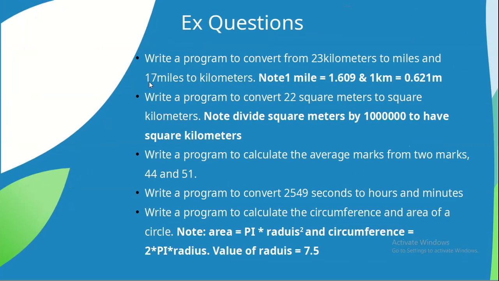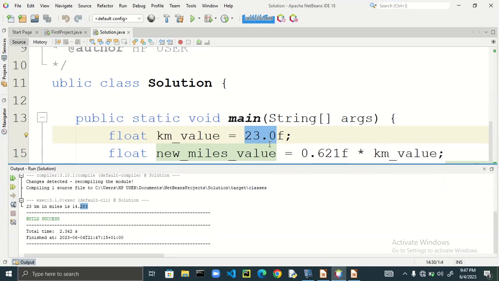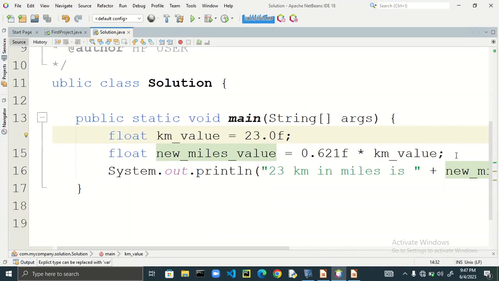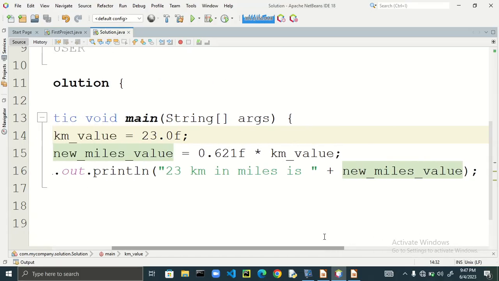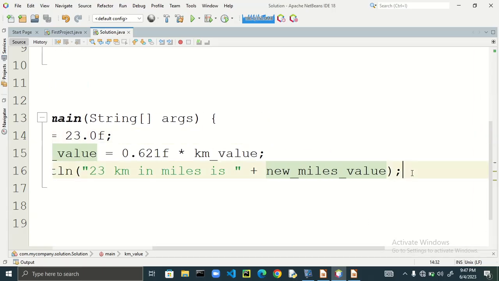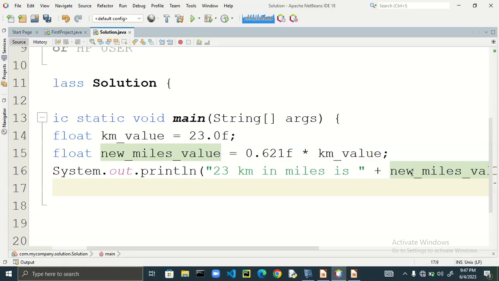It also says we should convert 17 miles to kilometers, and it says that 1 mile is equal to 1.609. So let's go ahead and do that for the value of miles. It seems my screen font size is a bit big, so let's say, okay, float this time around.